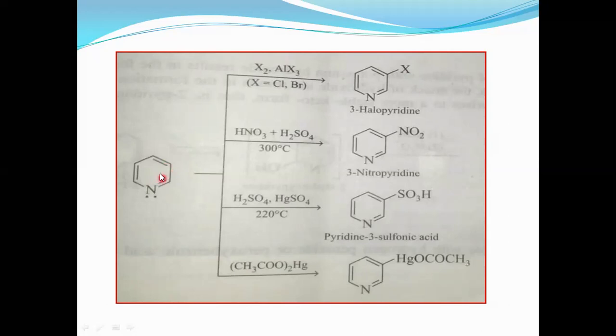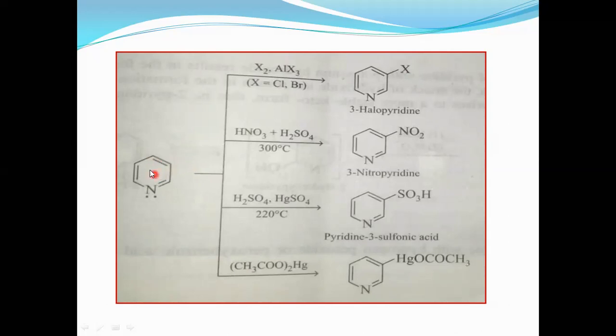Pyridine is deactivated because of the electronegative nature of the nitrogen. This nitrogen withdraws the electron density from the ring. So it deactivates the ring towards electrophilic substitution reaction, because the incoming electrophile is a positively charged species.